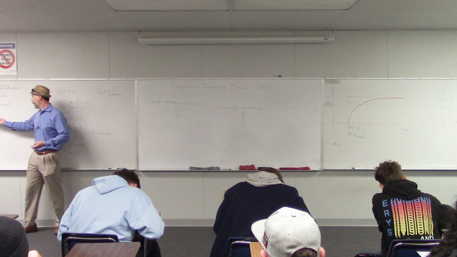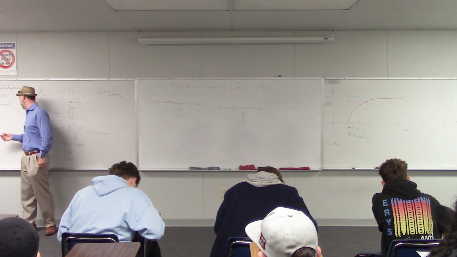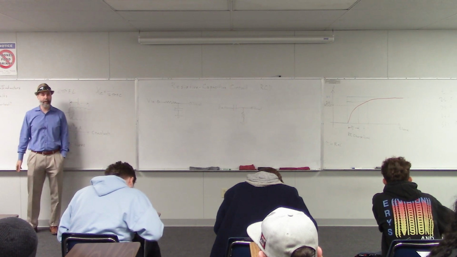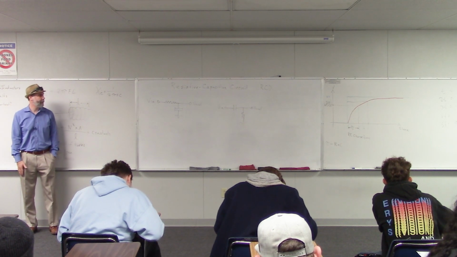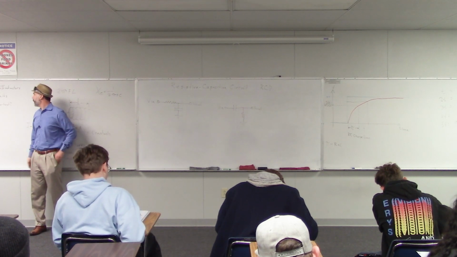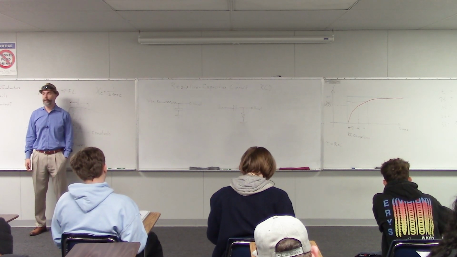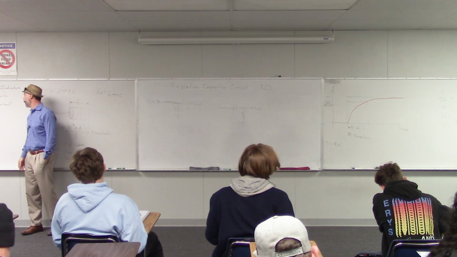And if we want to know how long it would take to be fully charged, or close enough, we can use 5 time constants to find that. Okay. So any questions about that? Okay. So that's what I wanted to say about RC circuits.